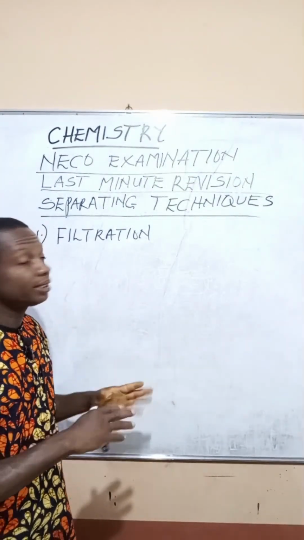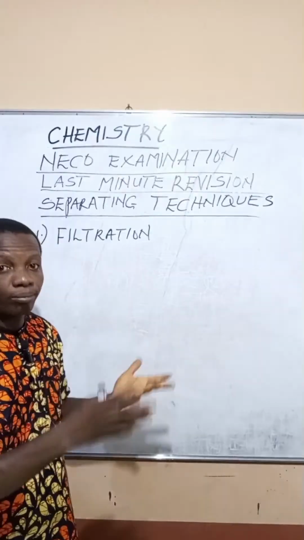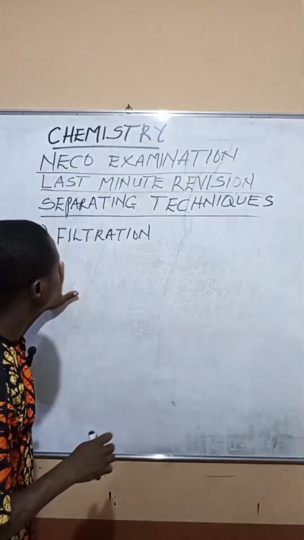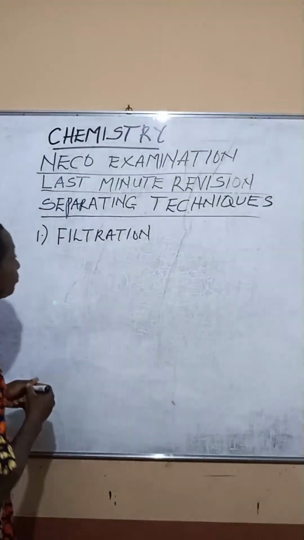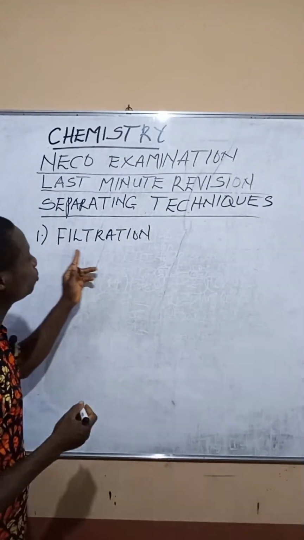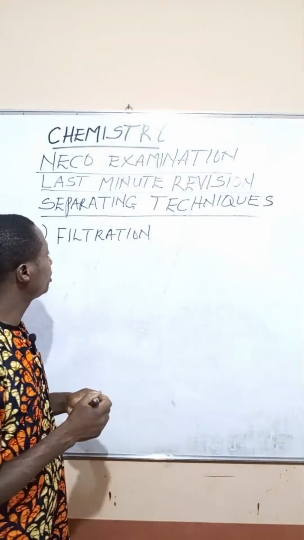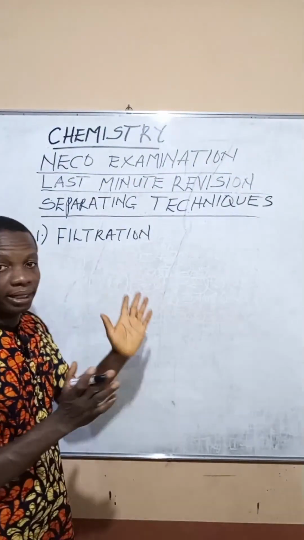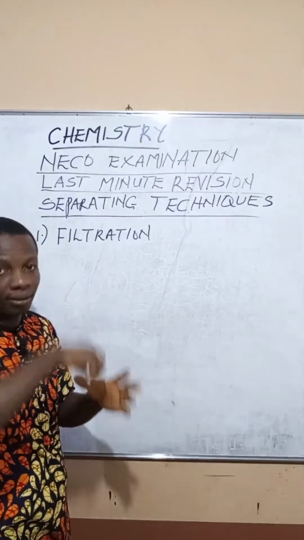Okay, don't forget element, compound, mixtures, and the rest. These are very important because they have to be separated. Now, if you want to use filtration, you can use a funnel, the filtration funnel, then put a filter paper on it.